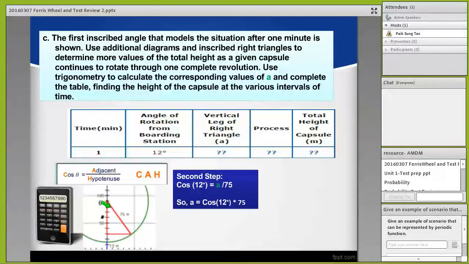Here's my triangle. Let's draw. Right here, my theta.